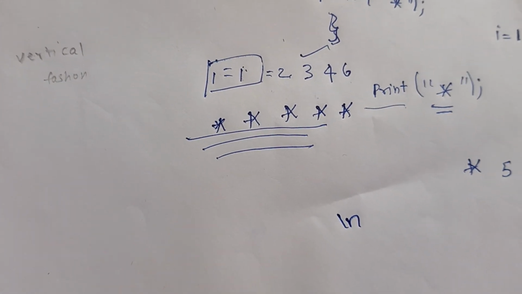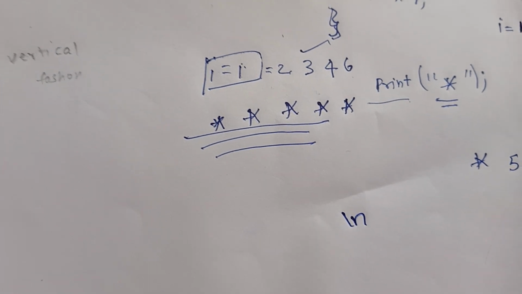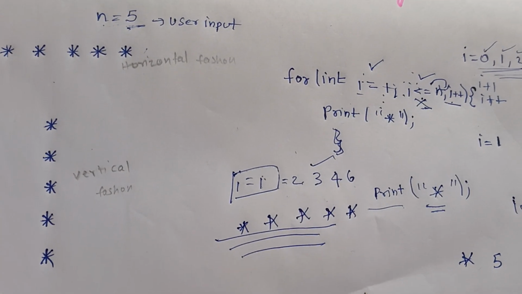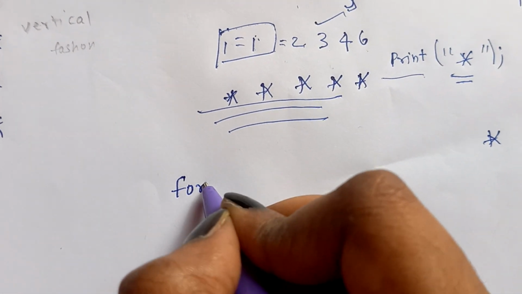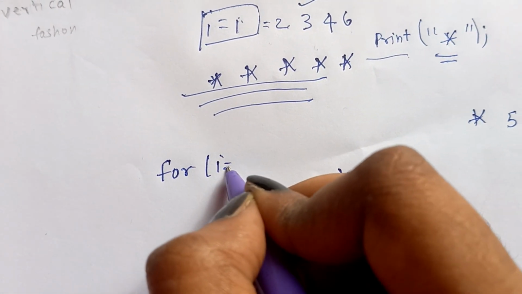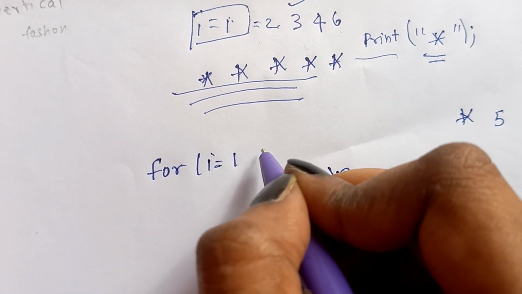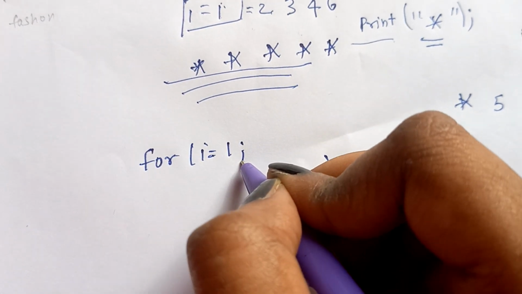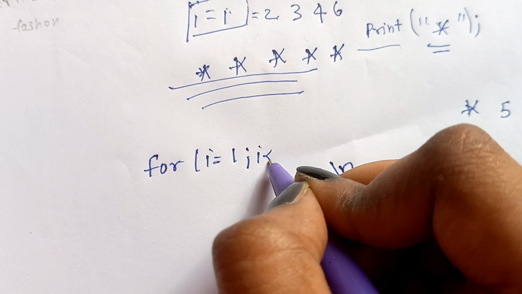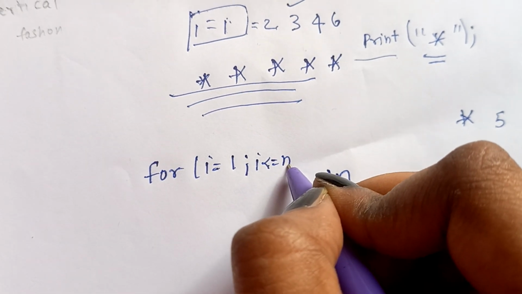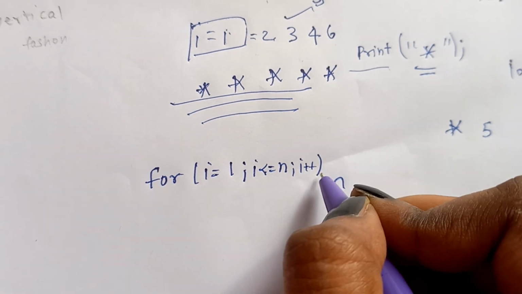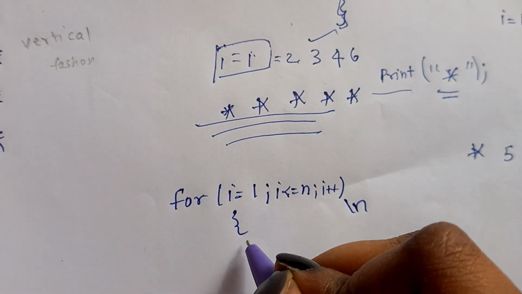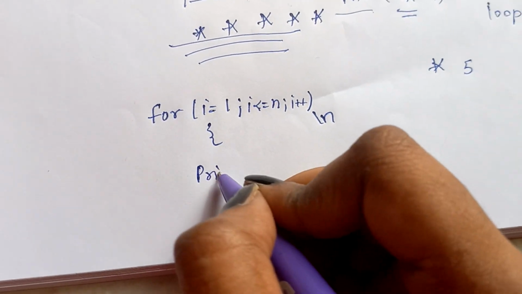It moves the cursor to the next line. For writing this we use the same logic: for int I is equal to 1, I is less than or equal to n, I plus plus. Then we open the brackets and print.